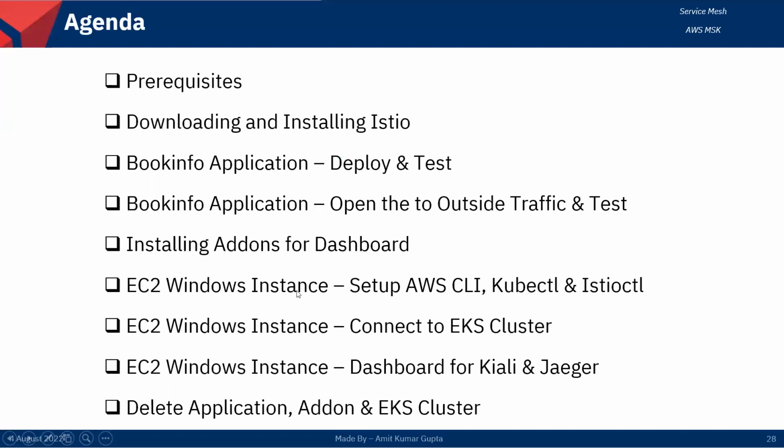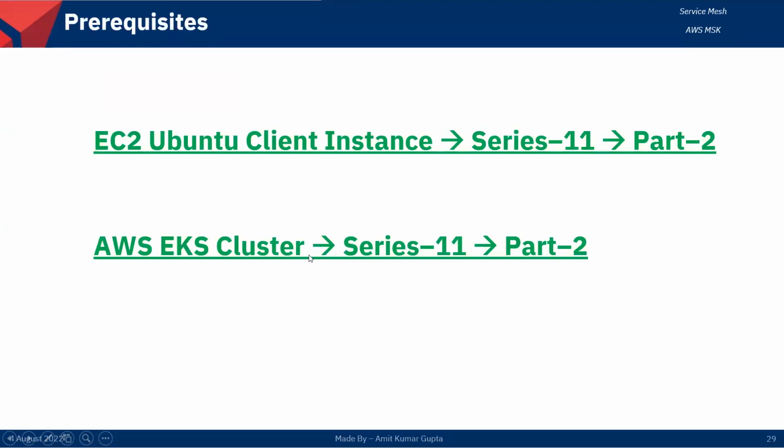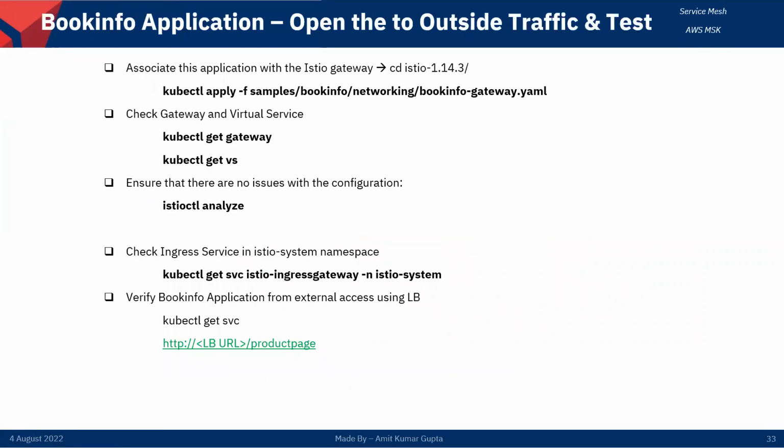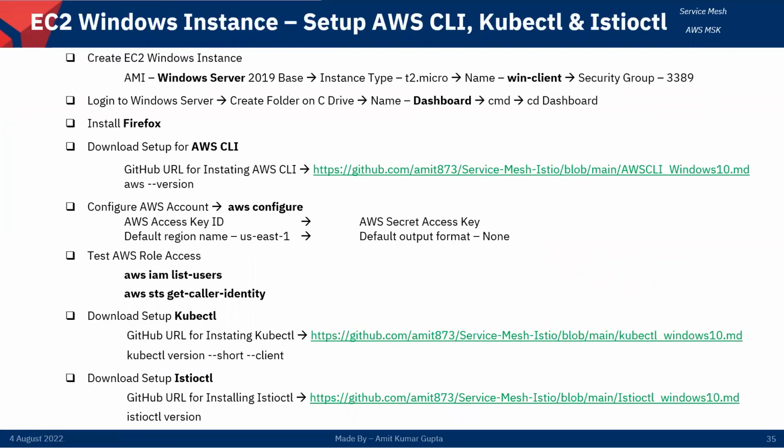If we create this first, then we will start those steps, and once we reach there, this instance will be ready, right? So let me first create one EC2 Windows instance. And you can see here these are the steps for that. All those steps are mentioned here.